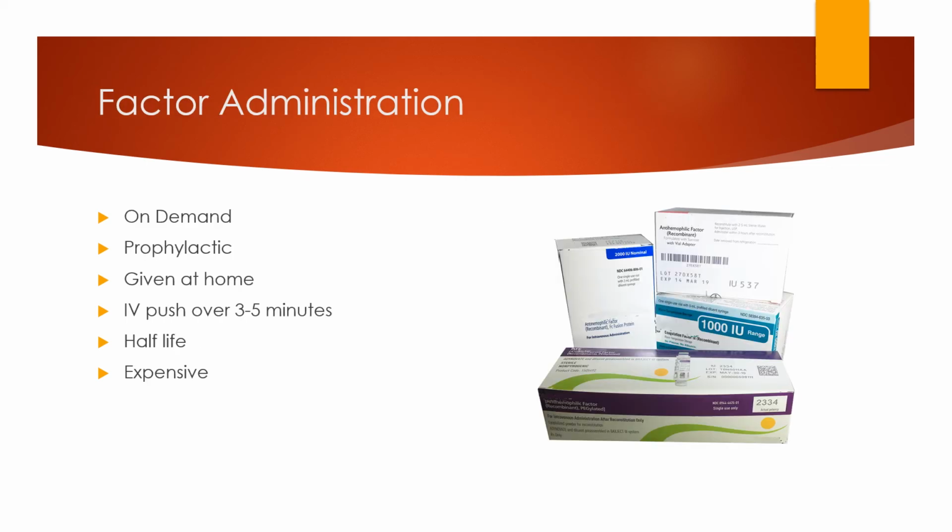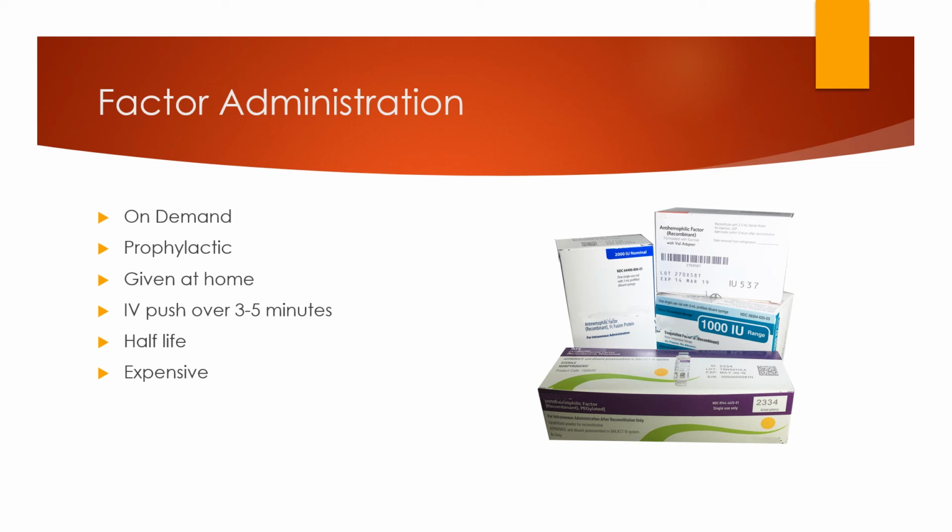When we're looking at factor administration, factor is administered for different reasons. As we discussed, hemophilia A and hemophilia B patients do not have factor in their blood, so we have to give it to them. When an individual has on-demand factor administration, we are giving this because they have a bleed occurring.